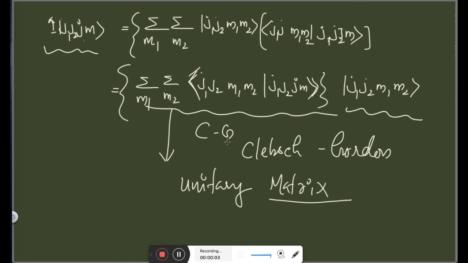Now we have another property: J1Z plus J2Z. The Z component gives you the total JZ. So JZ minus J1Z minus J2Z gives you 0.